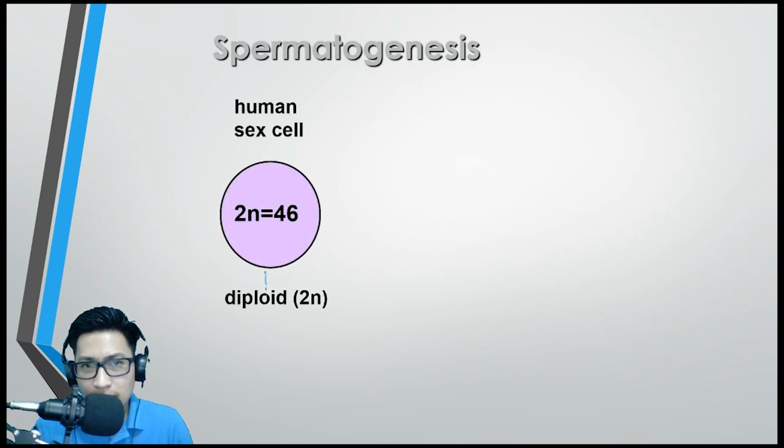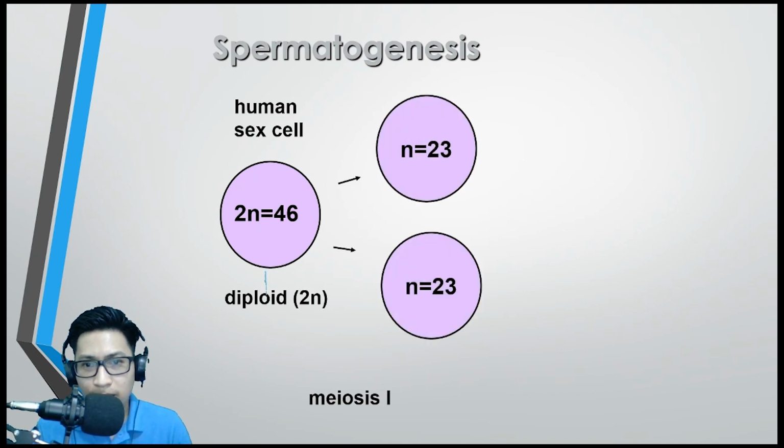Let's take a look at spermatogenesis. Let's say, for example, the human sex cell, which is what we call a diploid cell, contains 46 chromosomes. During meiosis 1, these chromosomes will be divided into 2, meaning each cell will contain only half the number of the human sex cell, or the germ cell.